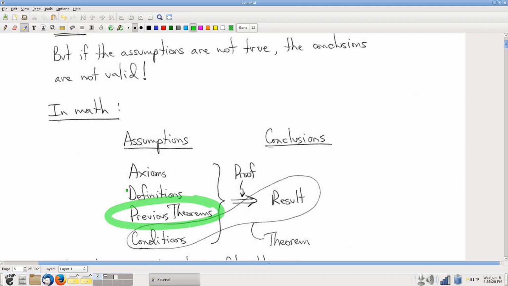You might need to make a reference to a previous theorem that's already been proved. And that's also perfectly fine to use in a proof. There are also things called axioms. We won't be making any use of axioms in Math216, but the idea here is that these are fundamental assumptions at the very bottom of math.